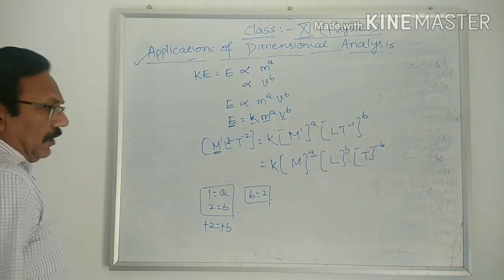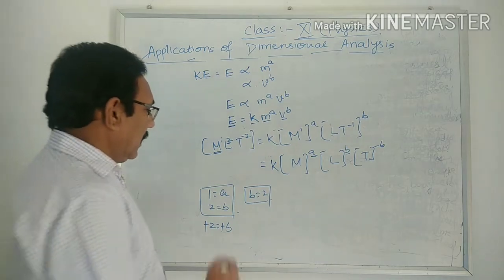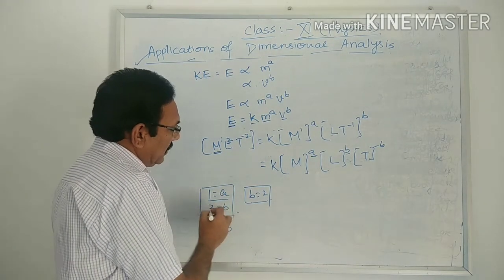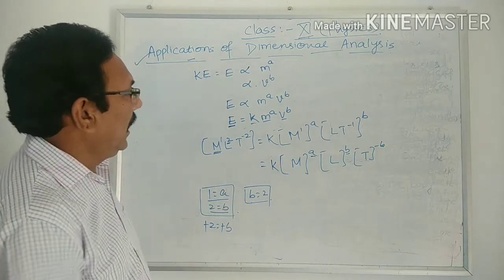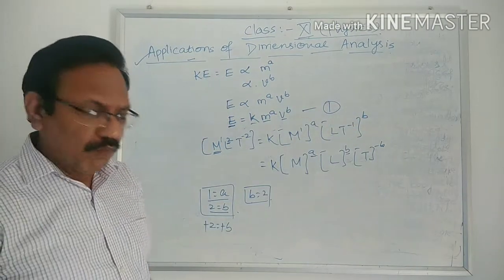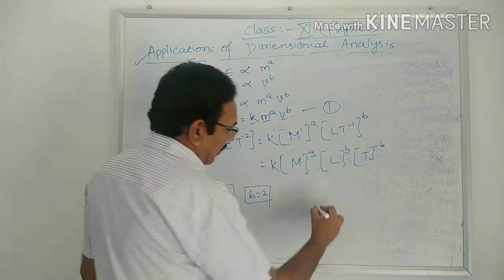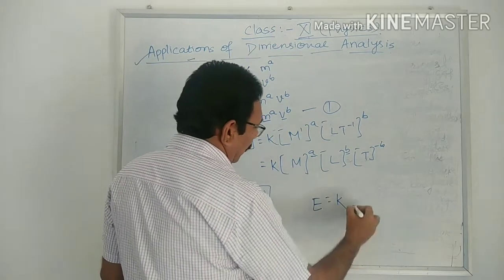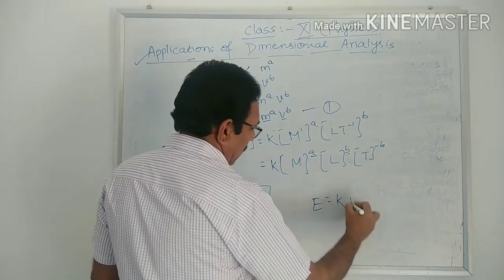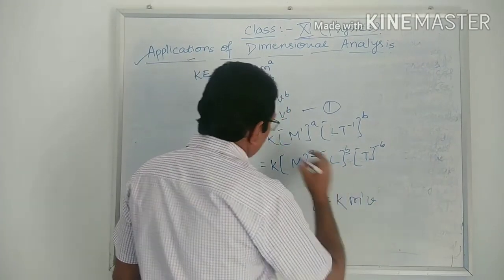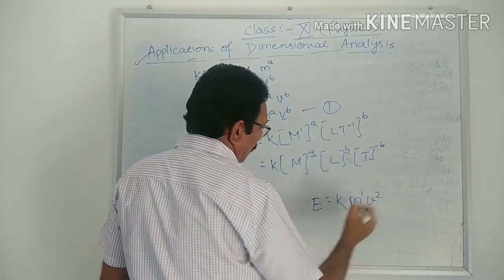Here we see that we obtained the value of A as 1 and the value of B as 2. So we place the values of A and B in equation 1. When we place them, E equals K, M raised to power 1, V raised to power 2.